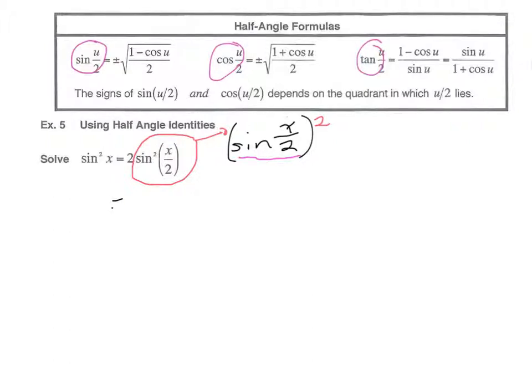So I've got equals 2 times, and then in parentheses, I'm going to square that. I'm going to substitute in the half angle formula that I have here, including the plus minus. So I have plus or minus the square root of 1 minus cosine of x, because my angle is named x, not u, all divided by 2.